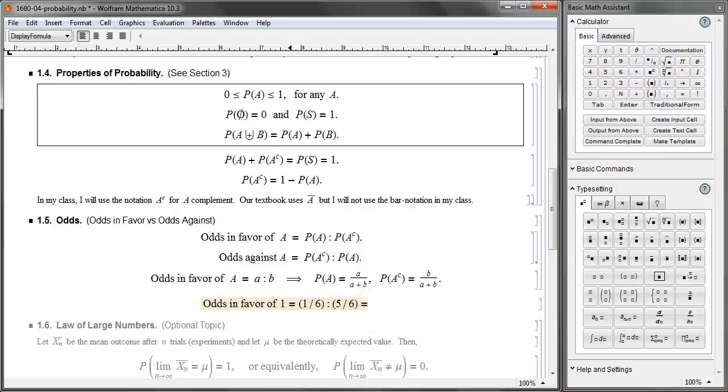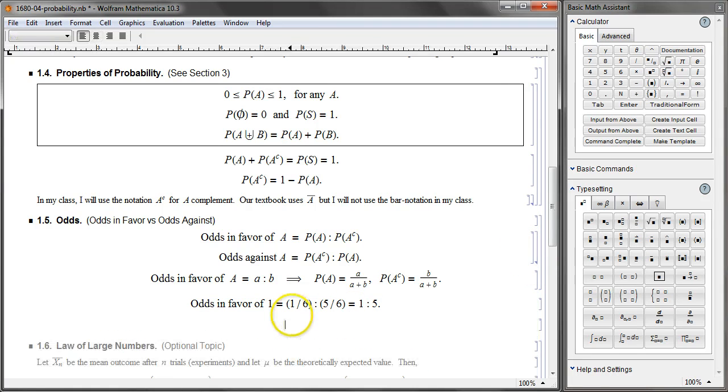We have 1 to 5. Likewise, we can calculate the odds against A. Against 1, that is 5/6 to 1/6. Simplifying, what do you get? 5 to 1.